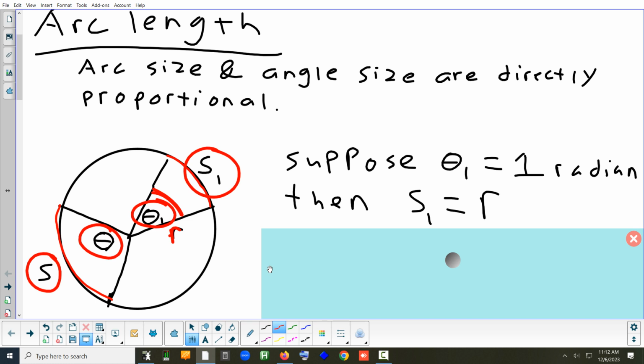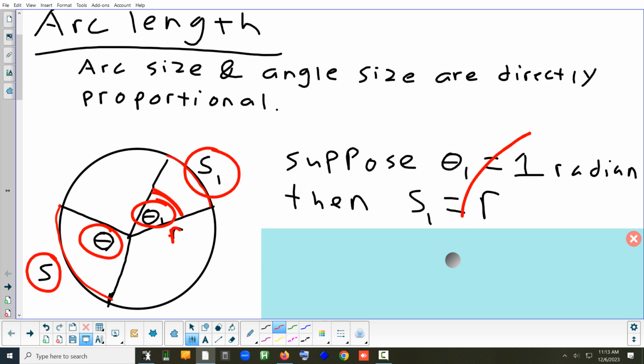This fact is going to be like our 1 foot, 12 inches. It's a starting point that we know is true based on a definition. If you draw an angle that is 1 radian, by definition, the size of the arc that is created matches the radius of the circle. That's a true fact. So we're going to use that.